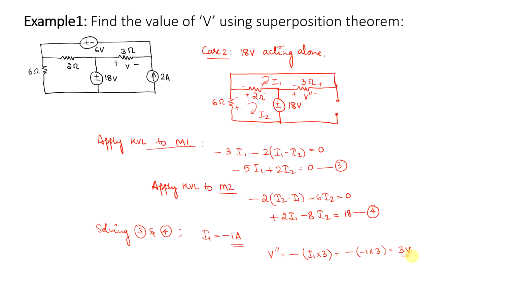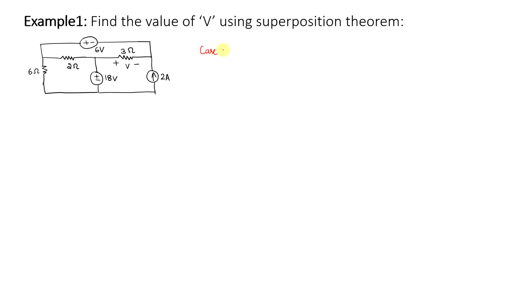Then coming to the last case, case 3, where you will consider only the 2 amps acting alone and the remaining 2 voltage sources are inoperative. 2 amps acting alone. So if it is a voltage source, it has to be made a short. This is 6 ohms, 2 ohms.